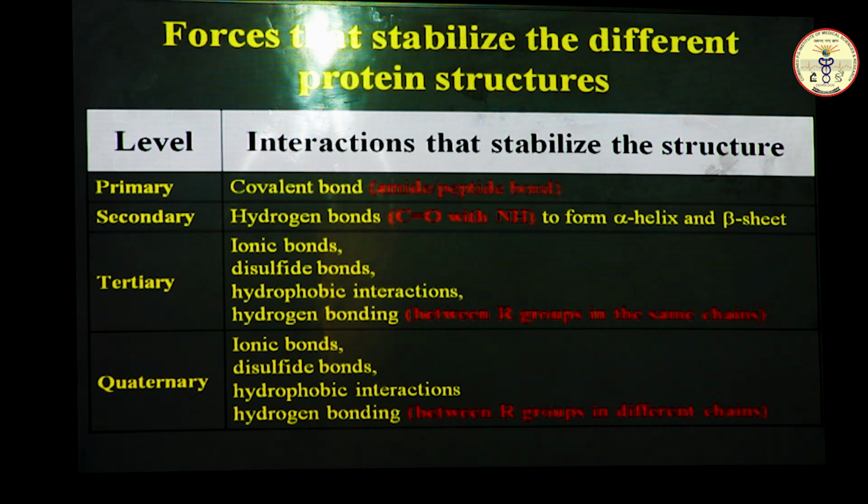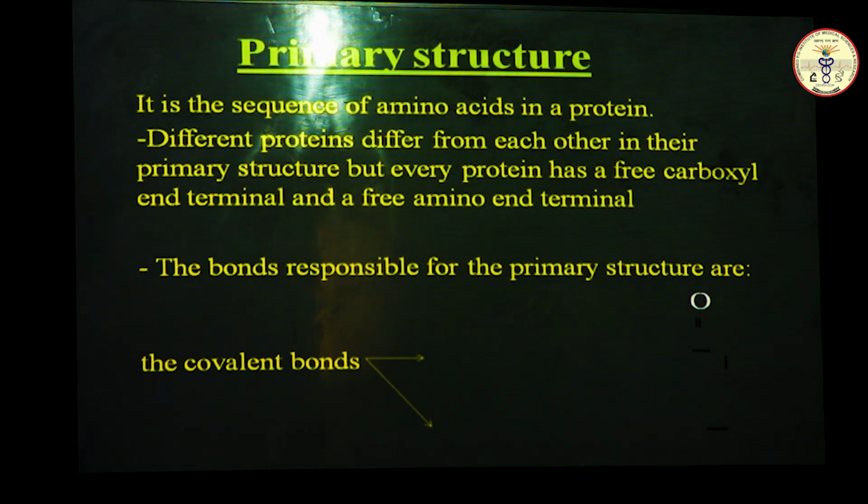It's the hydrogen bonds. Then the 3D structure, tertiary structure: ionic bonds, disulfide bonds, hydrophobic interaction and hydrogen bonding stabilize the tertiary structure. And the quaternary structure is also stabilized by the disulfide bond, hydrophobic interaction and hydrogen bonding.